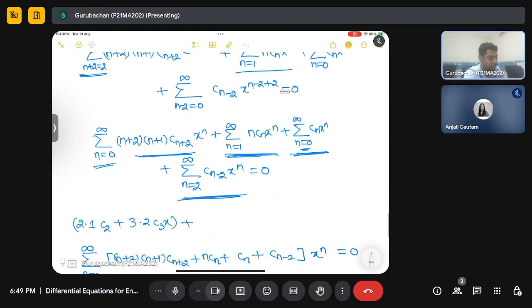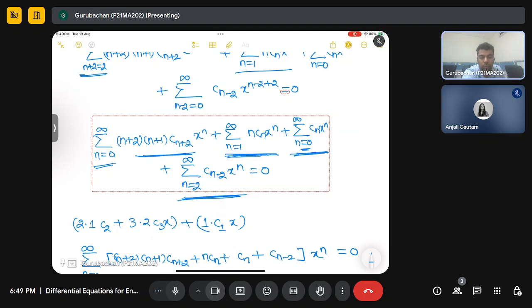We directly put n equal to 1. This will give you 1 times c1 into x. While solving this power series solution, we have to move a little slow so that these steps cannot have any kind of calculation error.